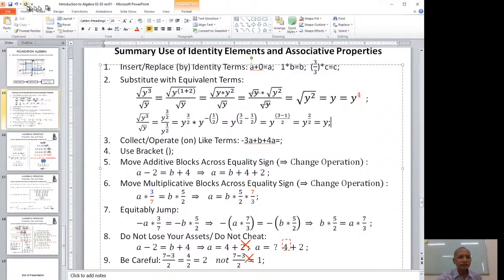Therefore, when we use an exponent below, it means minus.